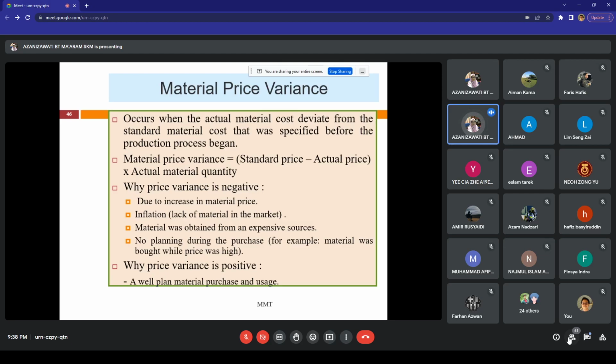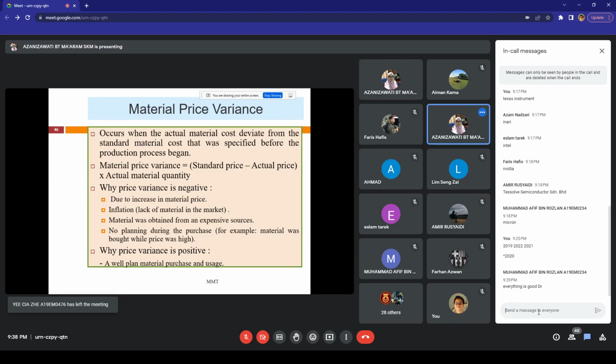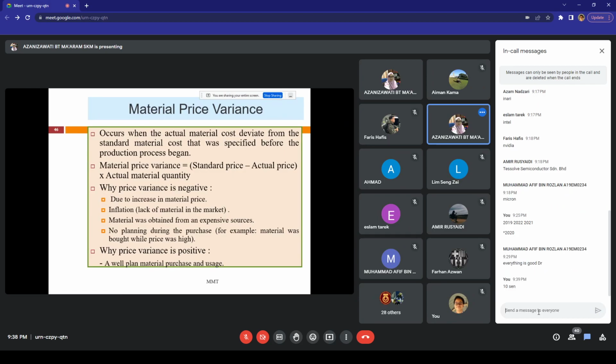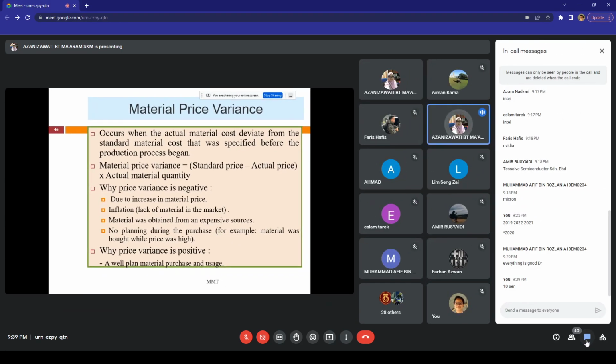Face mask before the pandemic, how much did it cost for one face mask? Was it 10 cents?